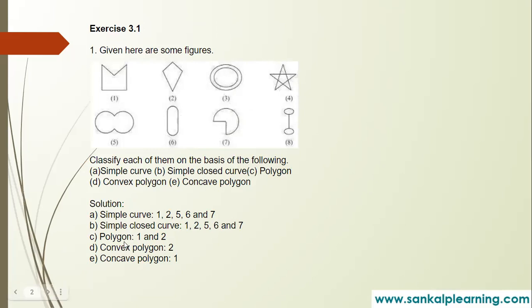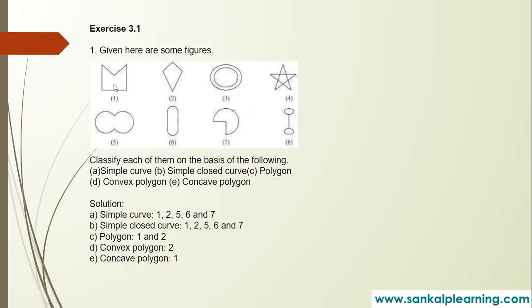Okay, next come to the polygon. What is a polygon? In the previous class, I explained the definition of polygon. Polygon is a simple closed figure. It is a simple closed figure formed by line segments. Okay, children, formed by line segments, not curves. It should be a closed figure.